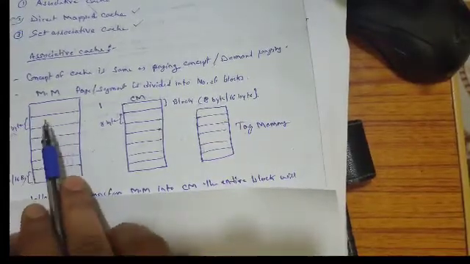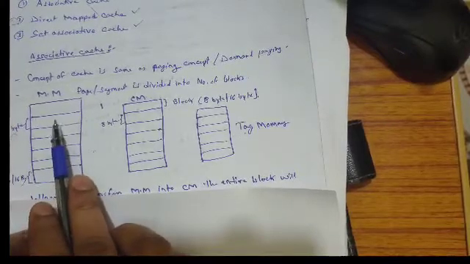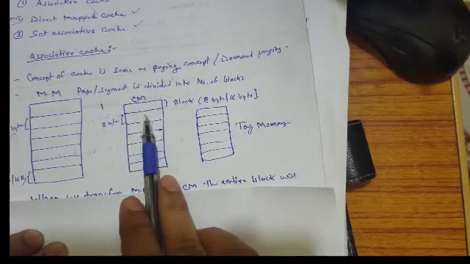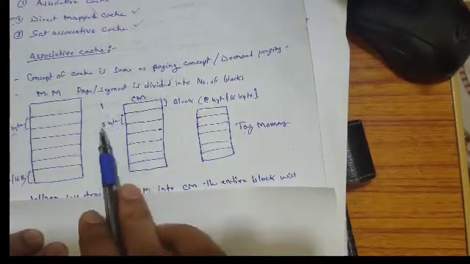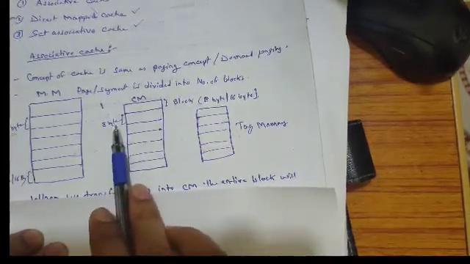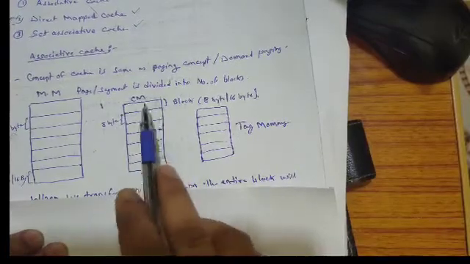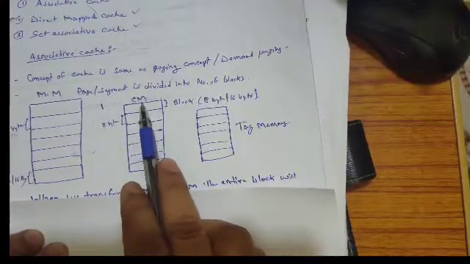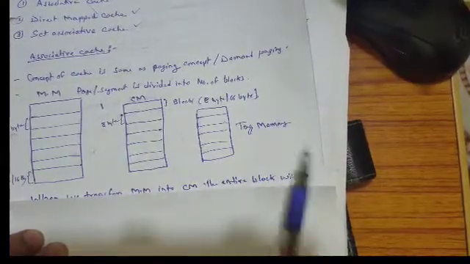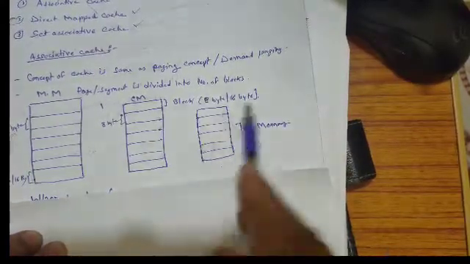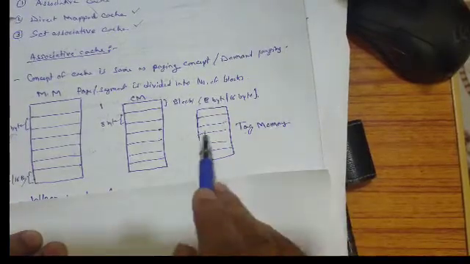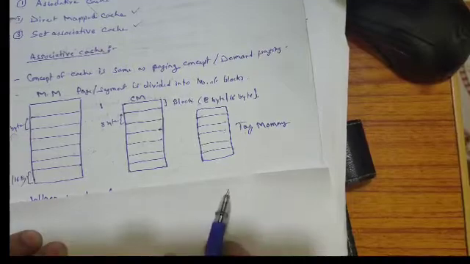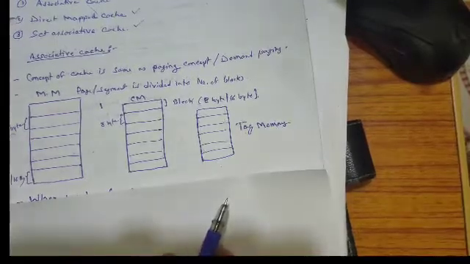So we transfer one block at a time from main memory to the cache memory. Block size is generally 8 bytes. Associated with the cache memory there is one more memory, called tag memory. What the tag memory is, how they are connected, and how the overall functioning is done, we are going to study in this lecture.